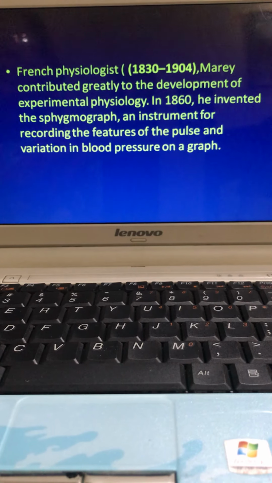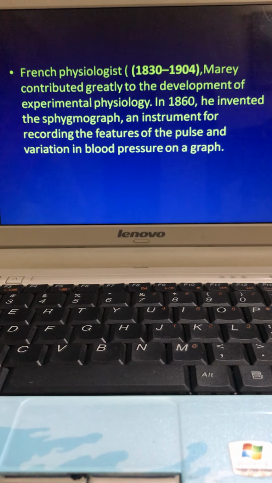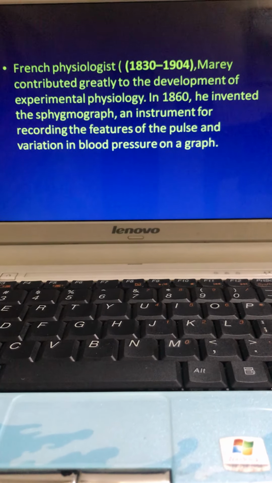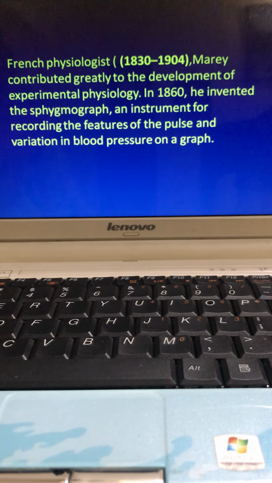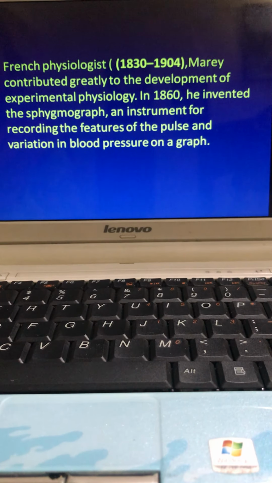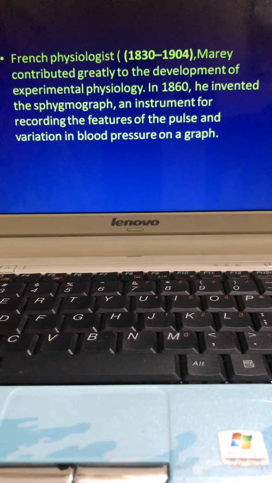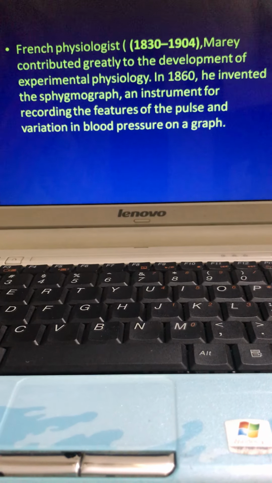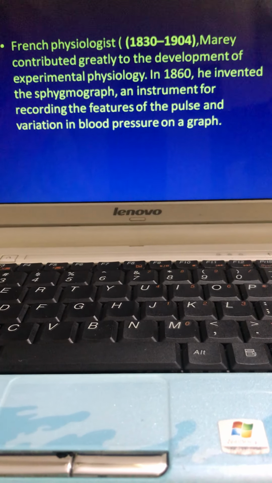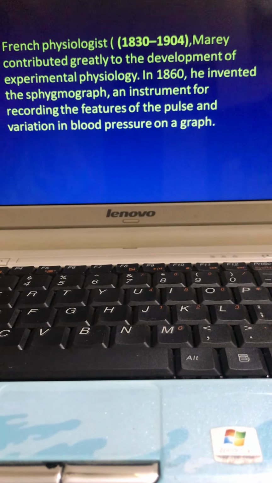Now, one French physiologist, Marey, contributed greatly to the development of experimental physiology. In 1860, he invented the sphygmograph, an instrument for recording the features of the pulse and variation of blood pressure on a graph.